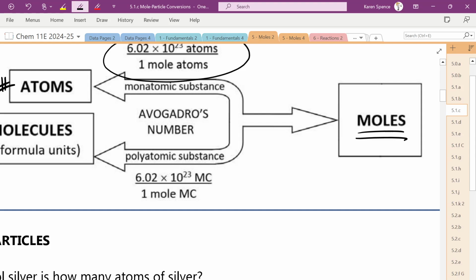And of course, if I gave you a number of donuts, you could convert that into moles of donuts. A little bit silly, but there we are. And if I give you moles, you can convert backwards. You just have to take that conversion factor and flip it upside down, depending on which way you want to go.